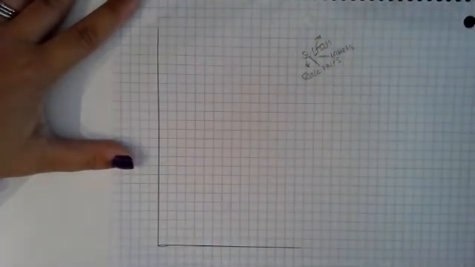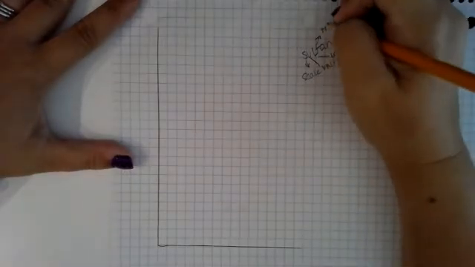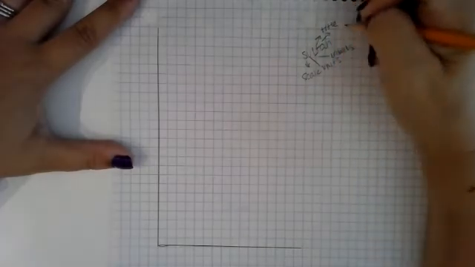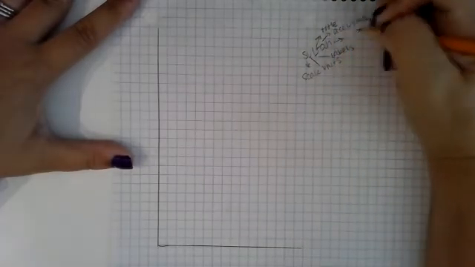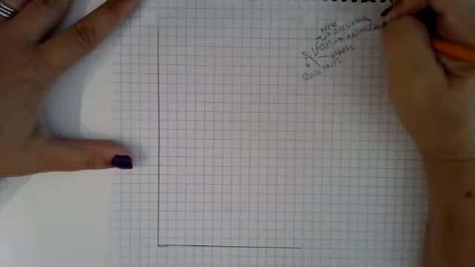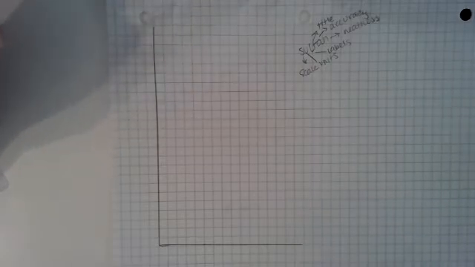T, title. A is accuracy. N is neatness. Okay, so that should be a review. SALTAN. Every time we graph, SALTAN needs to happen.